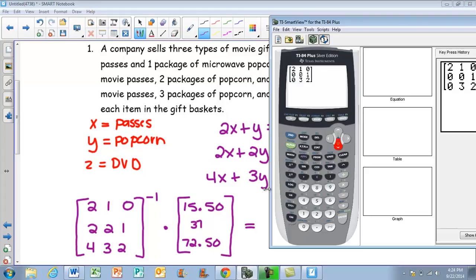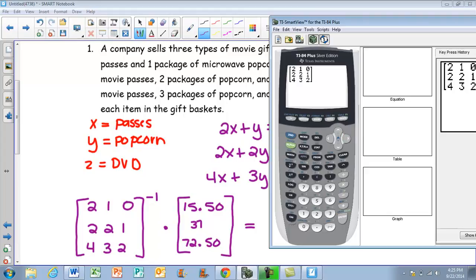Again, my calculator isn't being very cooperative, so 2, 2, this should be my 4. So I'm going to arrow out.